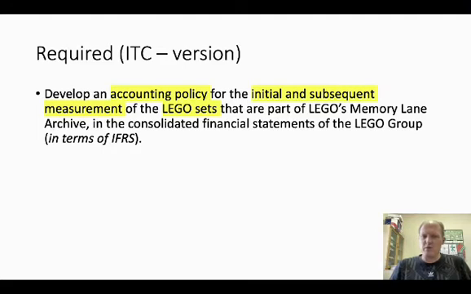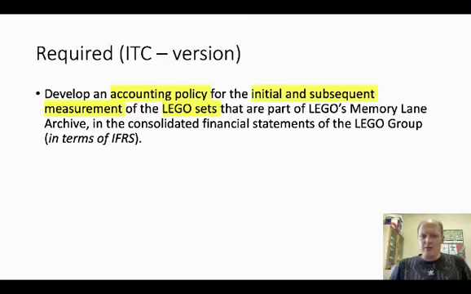That's where they speak to me about choosing policies, changing policies, what are policies? And then they say to you for the initial and subsequent measurement. Okay, fair enough. Where have I seen those words before? Most asset standards, go and look at all your asset standards. They're structured in the table of contents, you'll see the initial and subsequent measurement. So there already I'm starting to think, okay, there must be an asset standard at stake here.